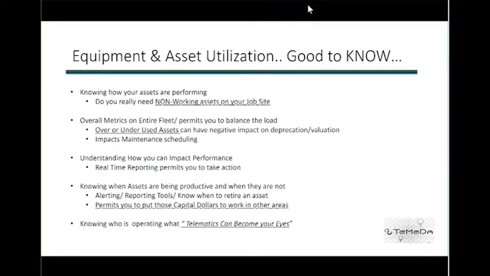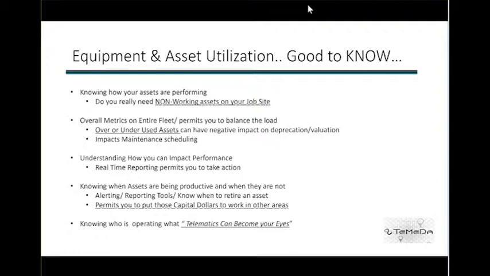Some good things to know when you think about equipment and utilization: knowing where your assets are, which ones are working and which ones are not, and understanding how to balance the load.